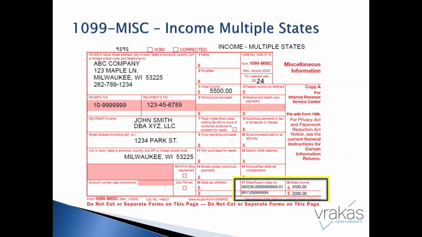It just depends on where the services were performed. Sometimes, based on where your services were performed, you may only have one state here because not every state requires a 1099 to be mailed to them. But you'd still, for the recipient's preference, you'd want to split it out so that they know where the service was performed.